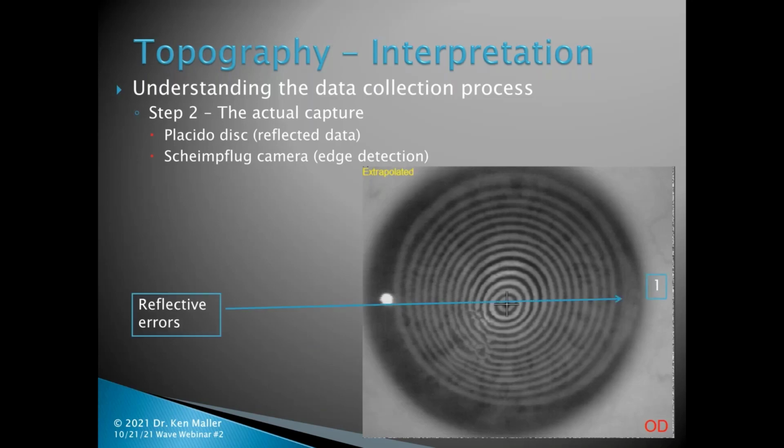So you could see here at number 1, we have this very widened ring over there. Trust me, the ring didn't look that wide on the actual cone that was reflecting there. That's a reflection error. Here at number 2, we could see there's sort of an incomplete ring. It looks like possibly something was floating by in the tear film.